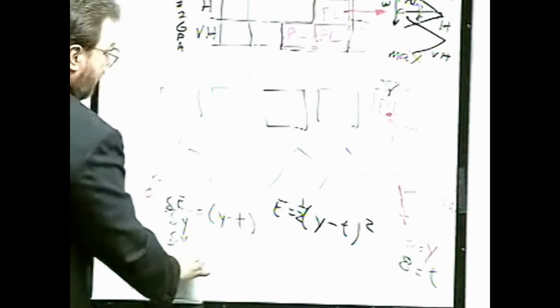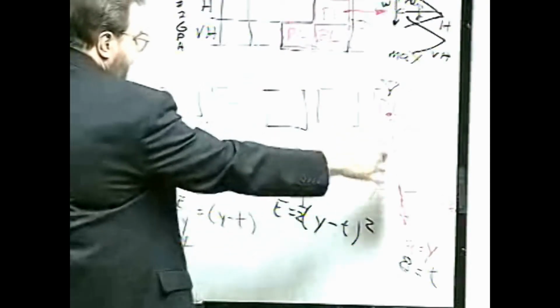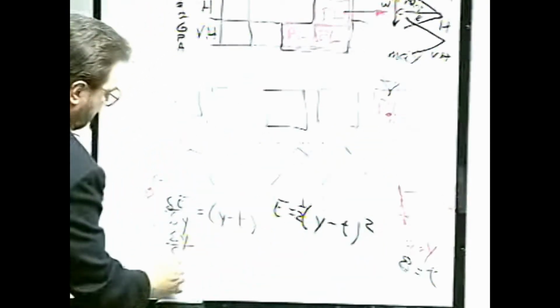But we don't want just that. We also want the partial of the error with respect to each of the consequents.